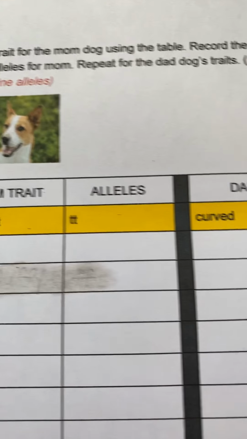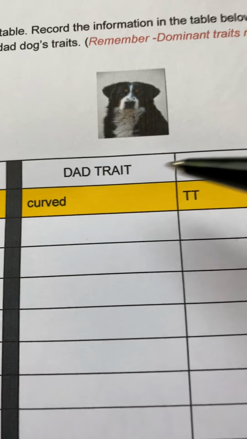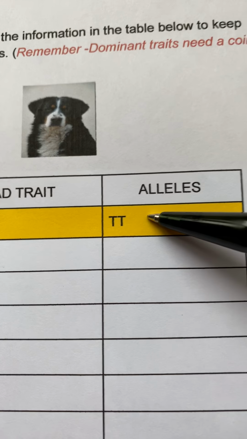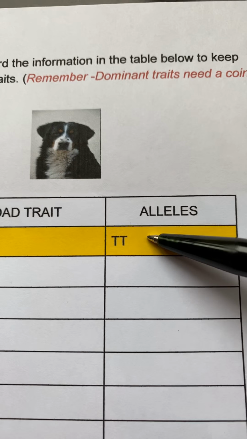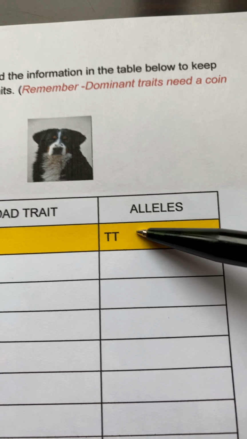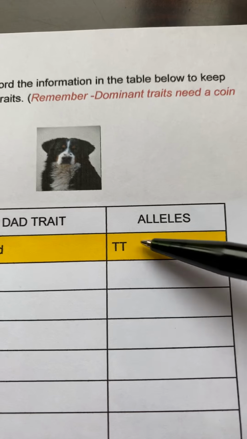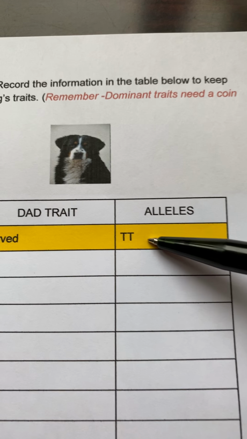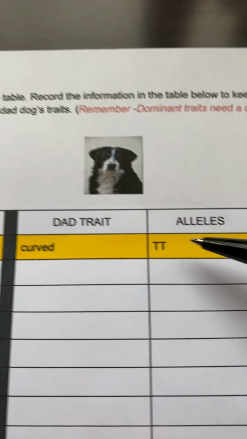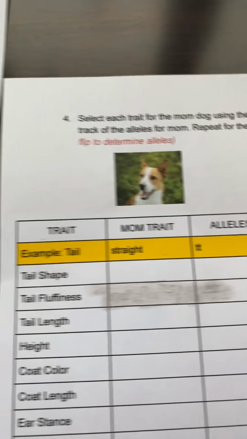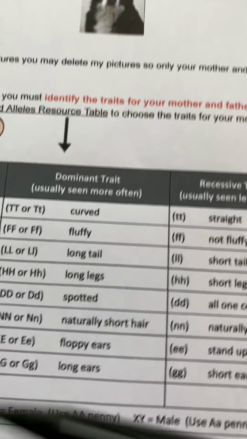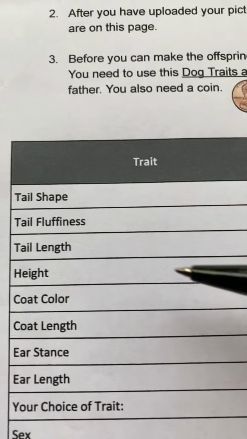When I go back to my chart and flip my coin, I had heads, so I recorded the 2 uppercase letters, showing that those are the alleles that the father has. So I'm going to do that for each one of the traits.